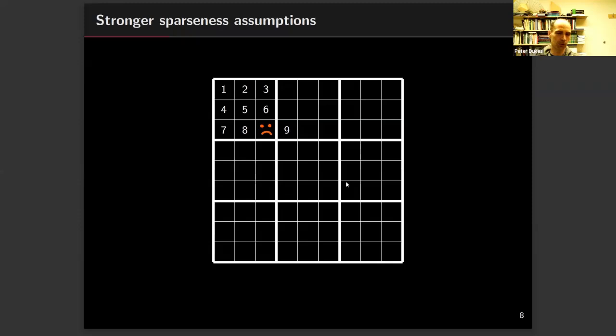So if we want to be able to complete anything that's say 1% filled, in the sense of each row, column, and symbol used at most 1% of n times, we won't be able to do it. So we need some kind of a condition on boxes.